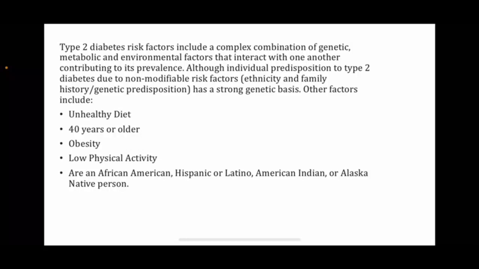Now, although individual predisposition to type 2 diabetes due to non-modifiable risk factors has a strong genetic basis, other factors include unhealthy diet, being 40 years or older, obesity, low physical activity, and also if you're an African American, Hispanic, Latino, American Indian, or Alaska Native person.